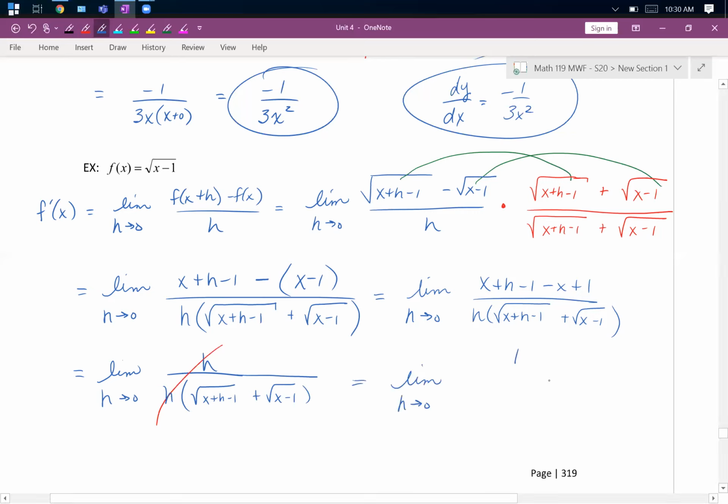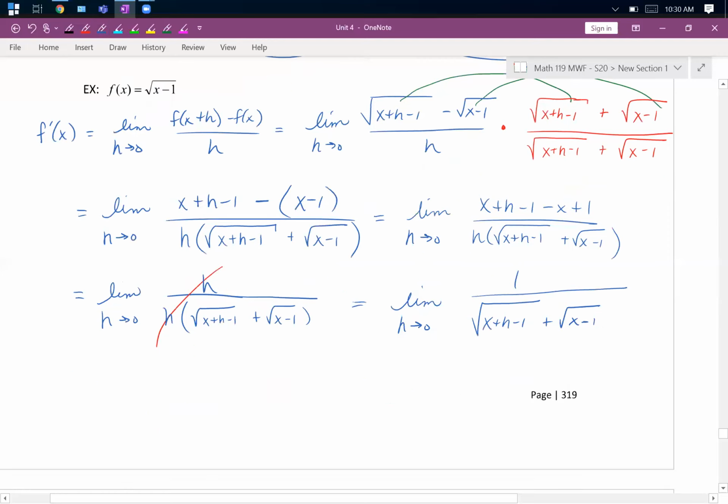And we're left with the limit as h approaches 0 of 1 over the square root of x plus h minus 1 plus the square root of x minus 1. And although there's still an h in the denominator, it's not a factor of h, so it's safe for us to plug in.